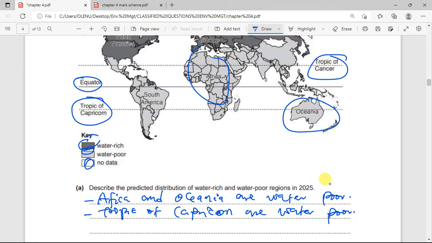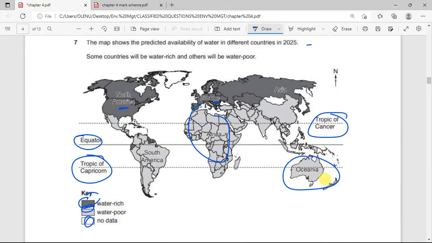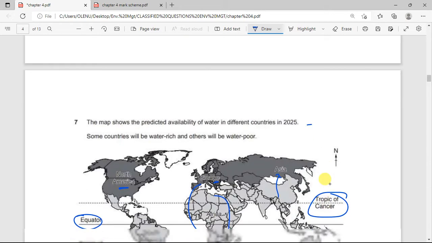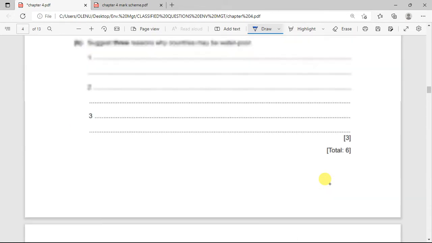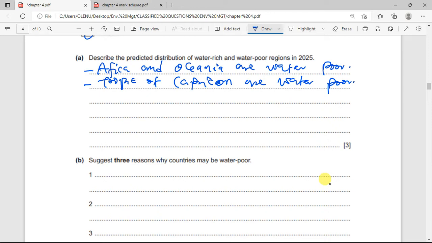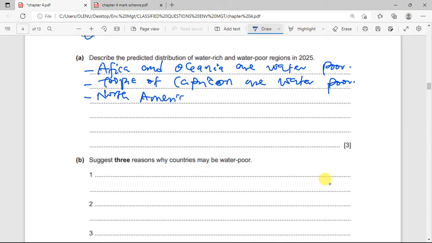You come to North America, Europe, and Northern Asia, which is water rich. So I have things like North America, Europe, and Northern Asia is water rich.